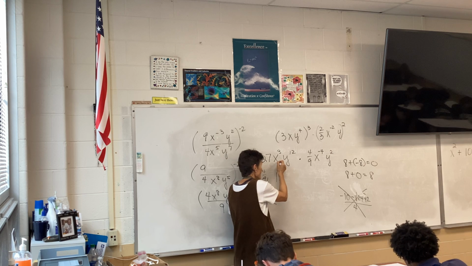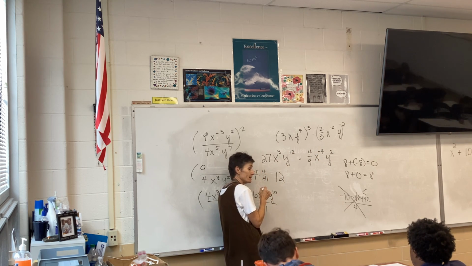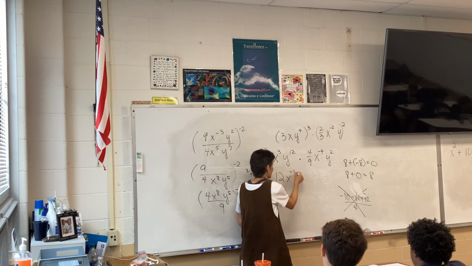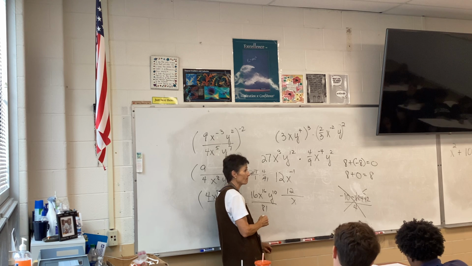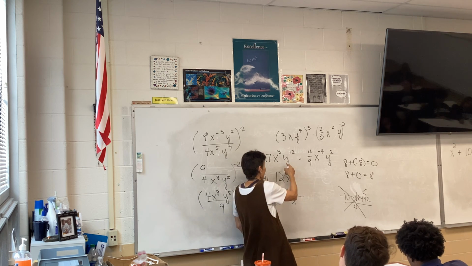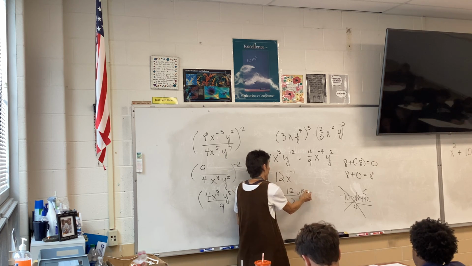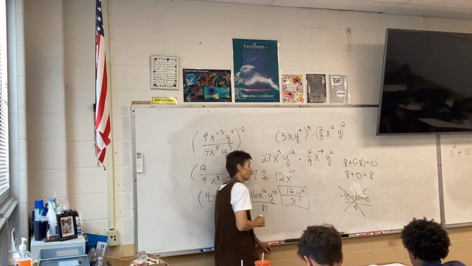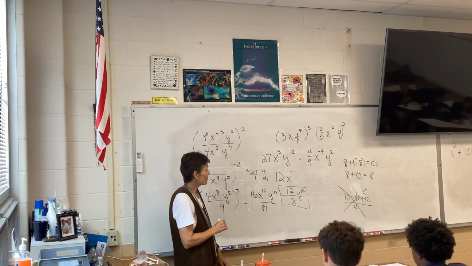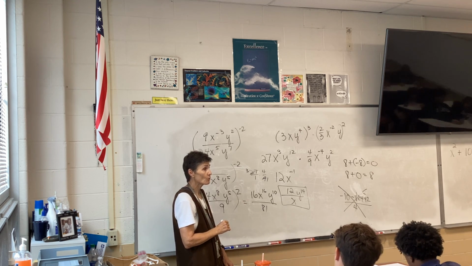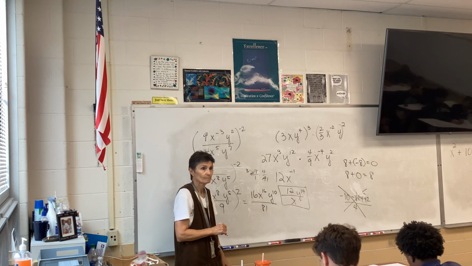X cubed times x to the -4th would be x to the -1st, which is going to be 1/x. And then y to the 12th, y squared will be y14. So there is our final answer. Again, you might have done those things in a little bit different order, but this is the answer you ultimately need to come up with.